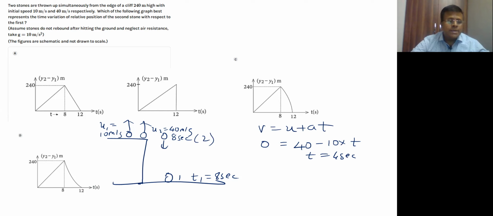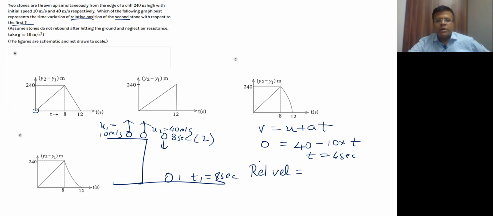Now, you can see that in all these graphs, one thing is common, that they're all starting from the origin, because here it has been told to find out what is the relative position of the second stone with the first. So when both of them are on the top of the cliff, the relative position is always going to be 0. So that's why it's starting with 0. Now, till the time t equal to 8 seconds, that is the time when the first ball reaches the ground, you can see what is the relative velocity.